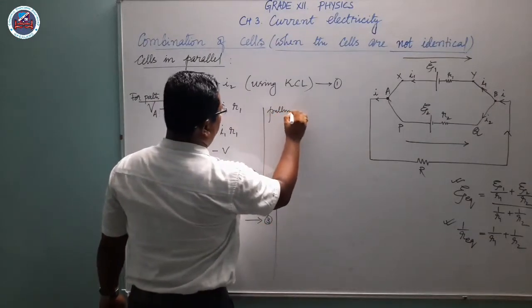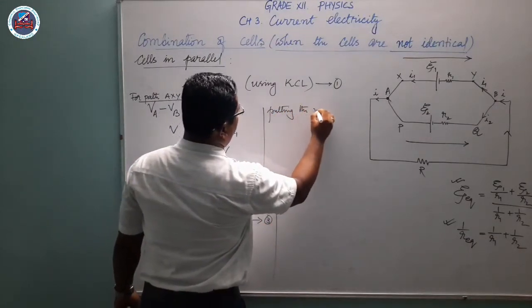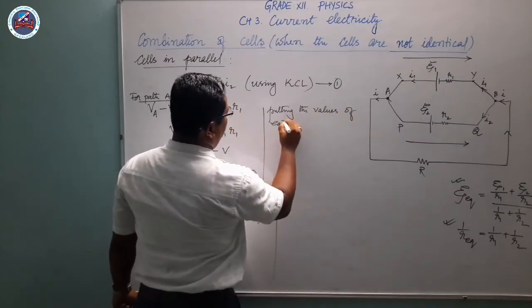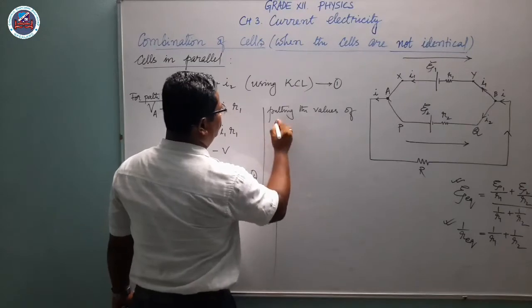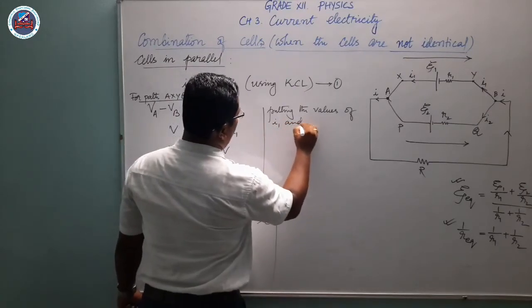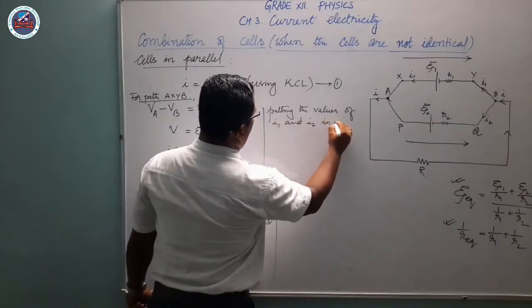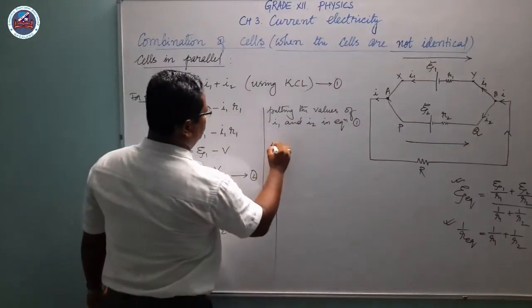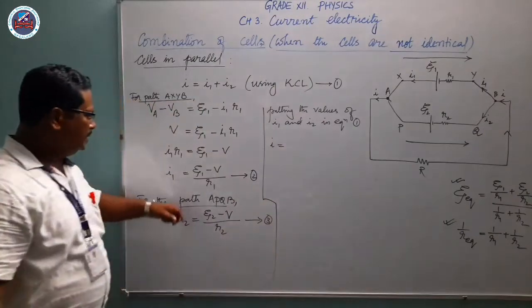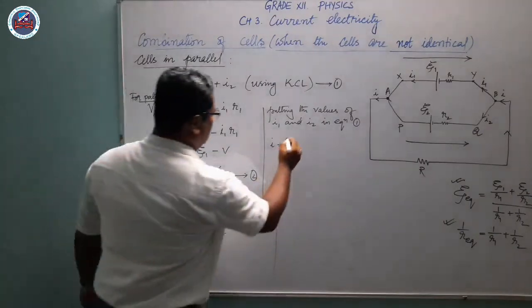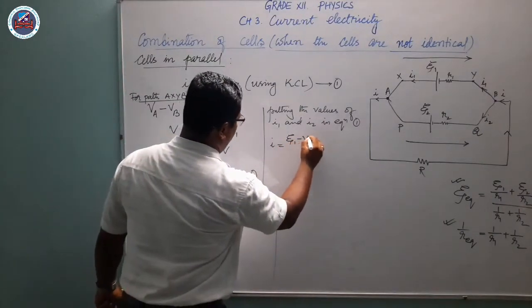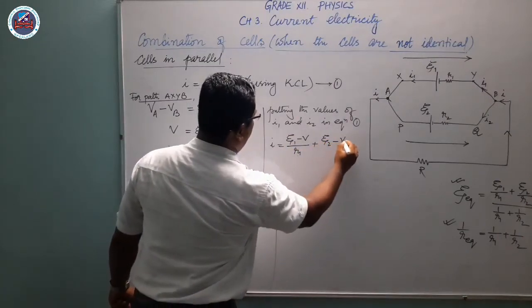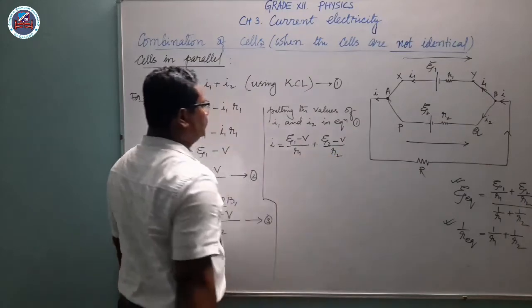putting the values of I1 and I2 in equation 1, we get I is equal to I1 plus I2, which is epsilon 1 minus V divided by R1 plus epsilon 2 minus V divided by R2.